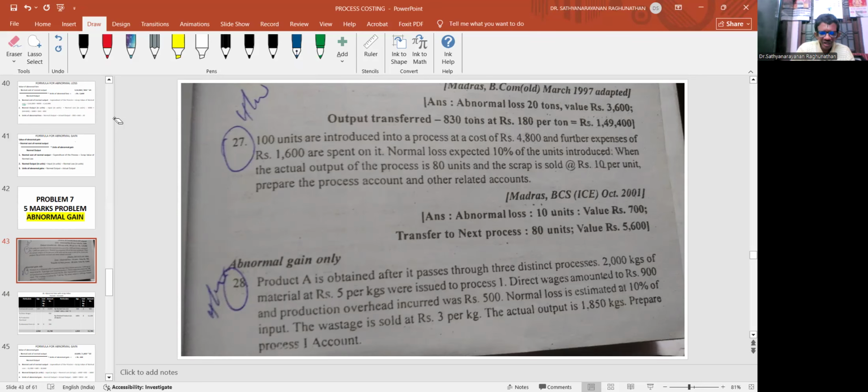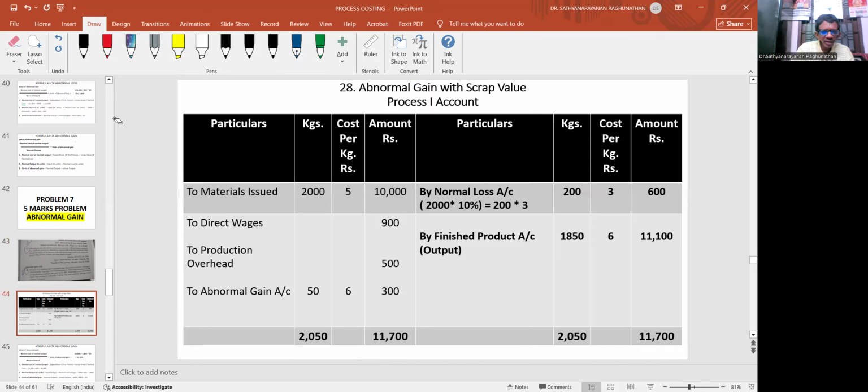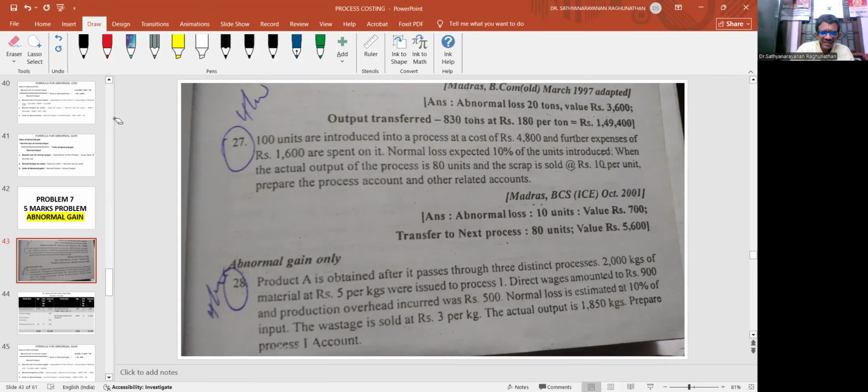As far as this problem is concerned, they have given that wastage is sold at rupees 3 per kg; the scrap value is given. Whatever unit they have given for measuring, accordingly you have to put the unit. In the question, they have given kgs. If you put other units, marks will be reduced in the examination, because everything will be scrutinized properly before giving marks.